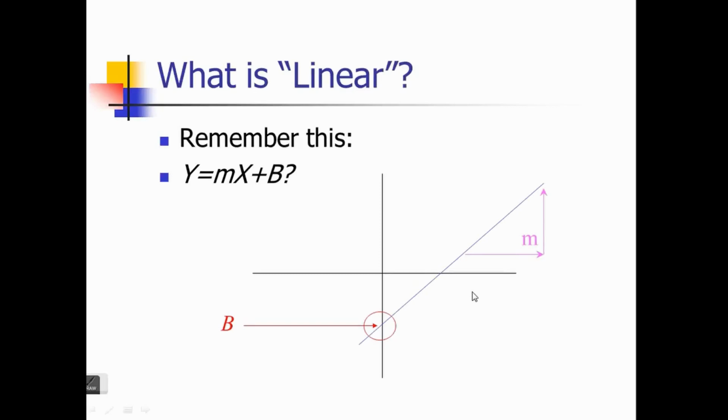The slope of the line is nothing but the tangent of the angle that it has with the x-axis. And the intercept is just where it cuts the y-axis, the distance from the origin. That's your intercept.